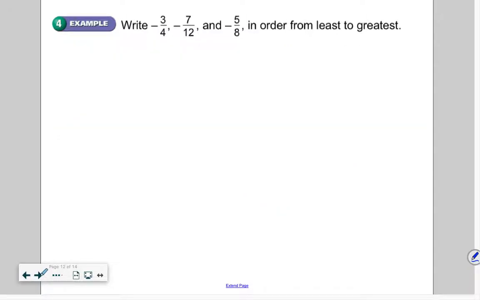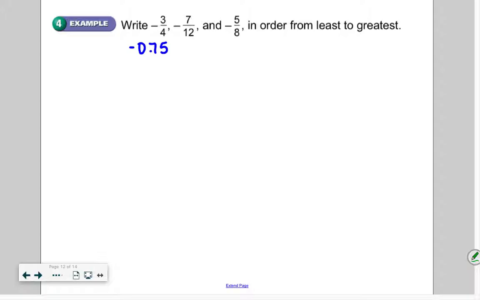Write in order from least to greatest. Get your calculators out, please. Let's change these to decimals before putting them in order from least to greatest. So -3/4 is what as a decimal? 75/100 or -75/100. -7/12. Type that one into your calculator.